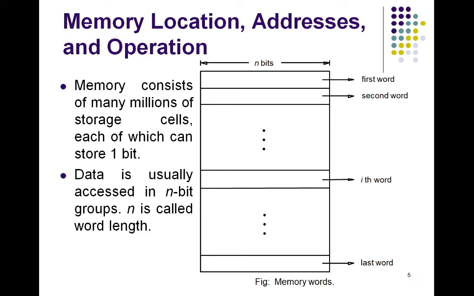Modern computers have word lengths that typically range from 16 to 64 bits. If the word length of a computer is 32 bits, then a single word can store 32-bit information, which is a 2's complement number or 4 ASCII characters.